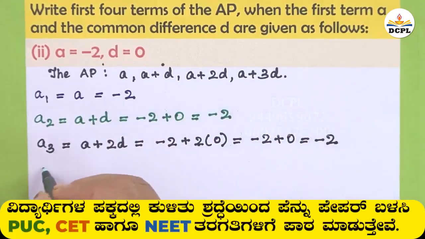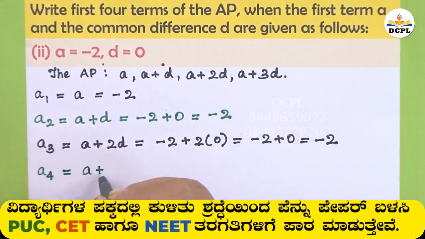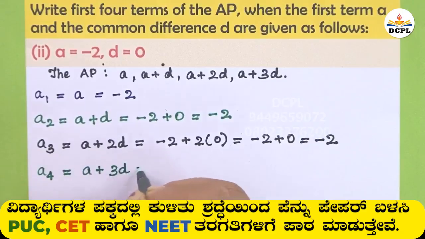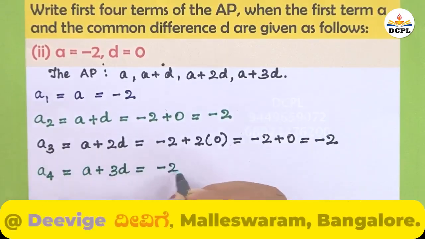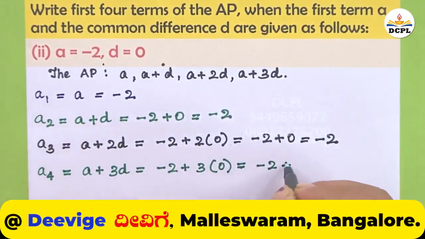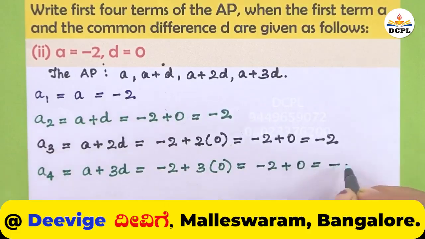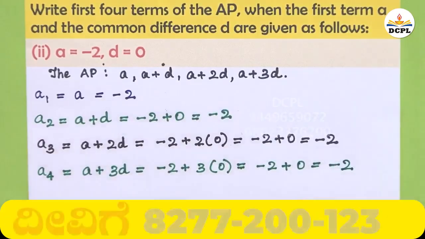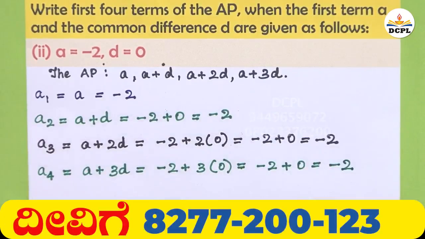Now let's proceed to find the fourth term. The fourth term is given by a plus 3d. So this is -2 plus 3 into 0. So -2 plus 0, which is going to give you -2. So now let's write the conclusion.